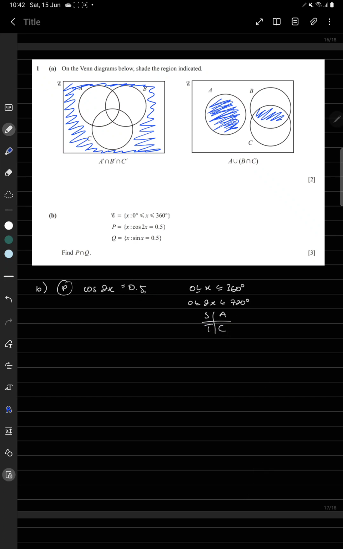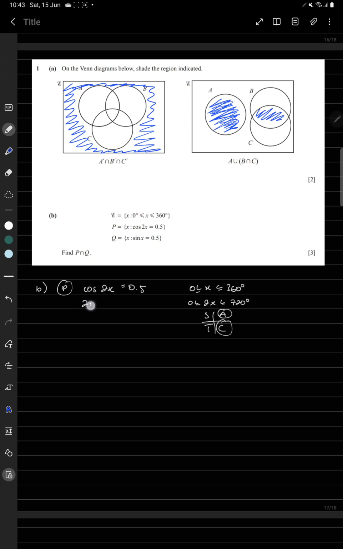The number on the right side here is positive, and we're dealing with cos. So positive meant A, and then cos with C. So A and C. Now, since we're dealing with domains between 0 to 720 degrees, this quadrant only covers 360 degrees. So you'll have to do a second round of A and C, right?